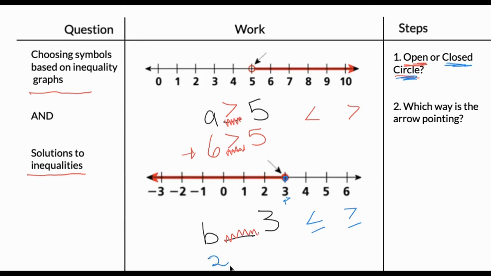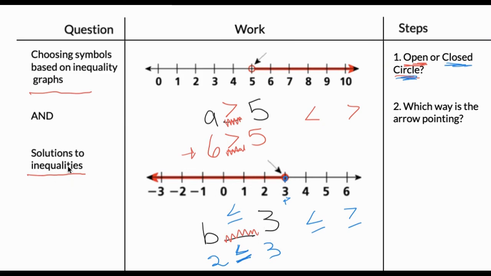So if we're going to plug this in, 2 is blank 3, if we know it's going to be one of these two, well, 2 is less than 3, so we have 2 is less than or equal to 3. So that is what goes in our inequality.